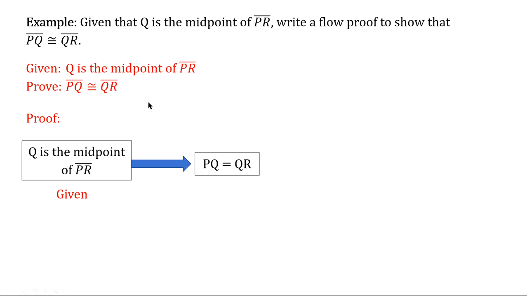Next box we're going to do is PQ equals QR, because we're told Q is the midpoint, and the definition of the midpoint is that Q, being the midpoint of PR, makes the measurement of PQ, notice no bar, equal to the measurement of QR. We draw our next step.